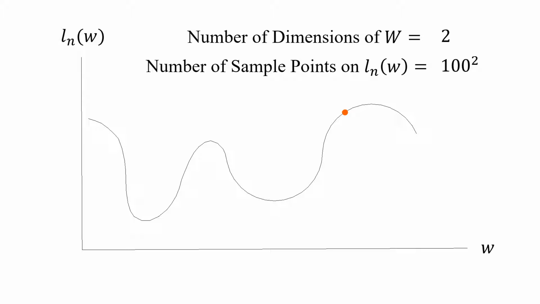It's 10,000 samples. Imagine if we further wanted to have 3 input variables, or 3 parameters. As you can see, the equation for finding out the number of samples is the number of samples across each dimension to the power of the number of dimensions.